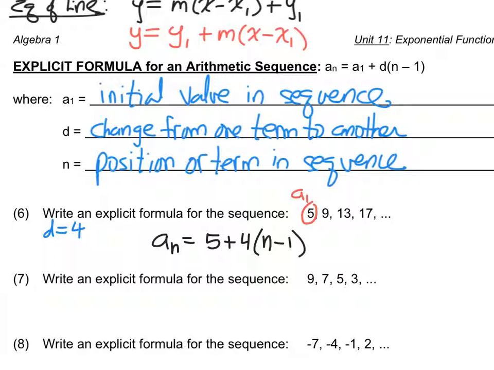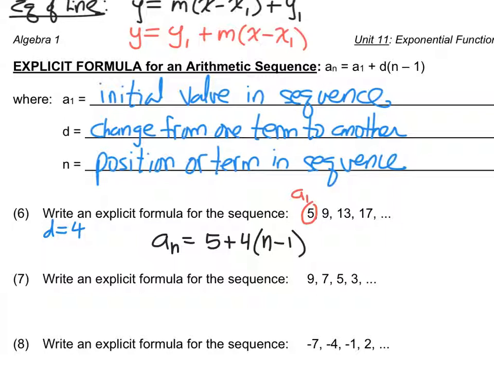You don't have to test it for each one, but maybe test it for one of them. Like the 4th term should be 17. So if I plug in a 4 here, 3 times 4 is 12, plus 5 is 17. So we're in good shape. Like I said, you don't have to test it for all of them because that could be a waste of time, but at least test it for something.